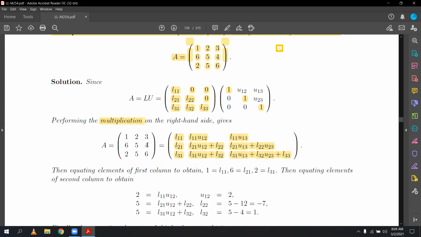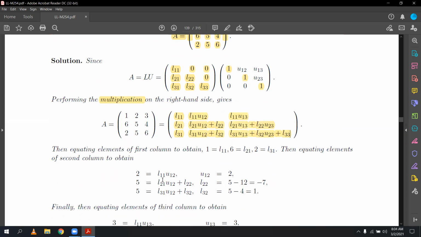So the first column of A is equal to the first column of this multiplication. Then you can find that L11 is 1, L21 is 6, and L31 is 2. Directly you have the values of the first 3 elements, which I give here now.